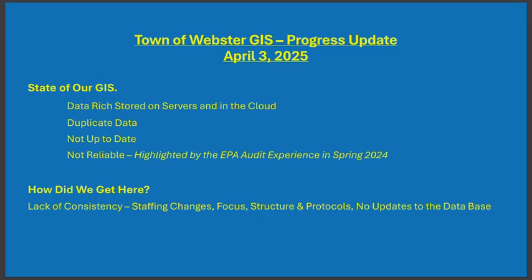And really what you find is when you're building out the GIS, you want to have a very structured database, a layering system, and you want to make sure you have protocols and standard operating procedures in place so that the information is going into the GIS consistently, so that we know how to get it back out.